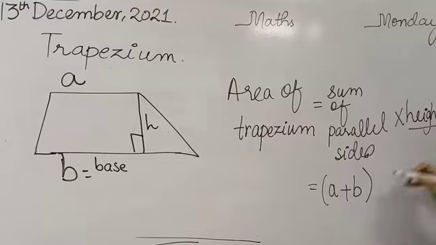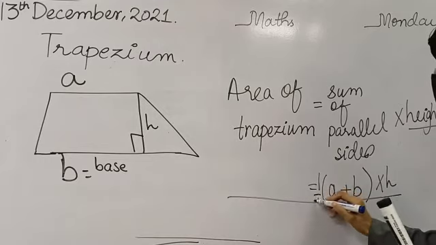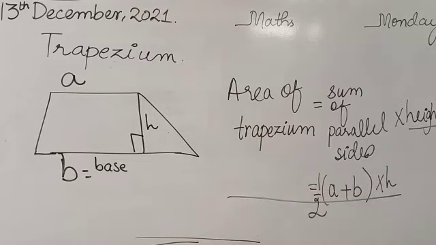What is height here? 8. And we'll half this. Half of sum of parallel sides multiplied by height. This is the formula to find out the area of a trapezium.